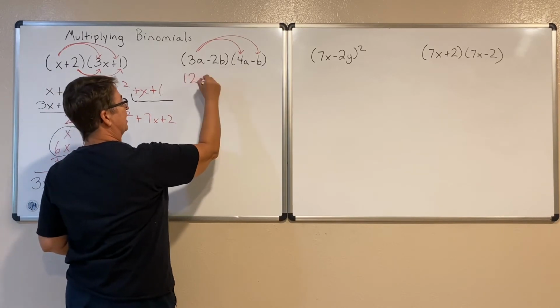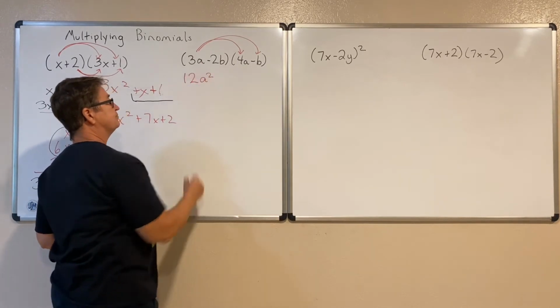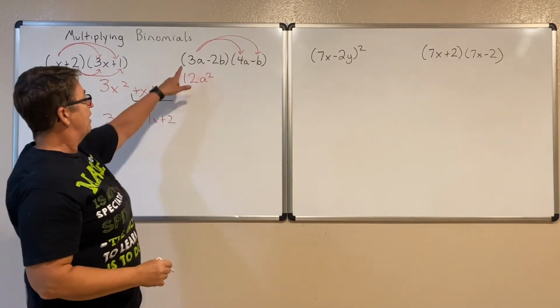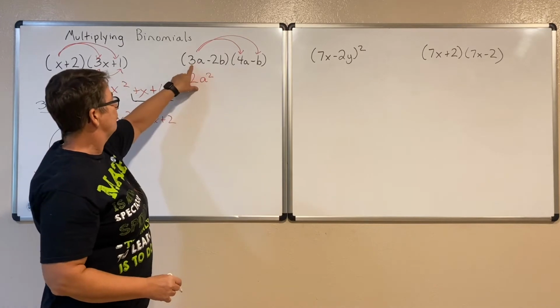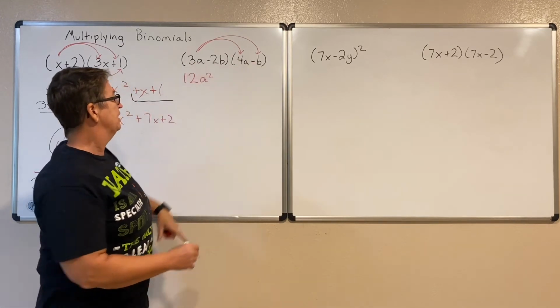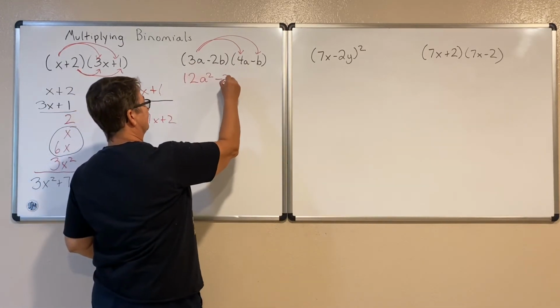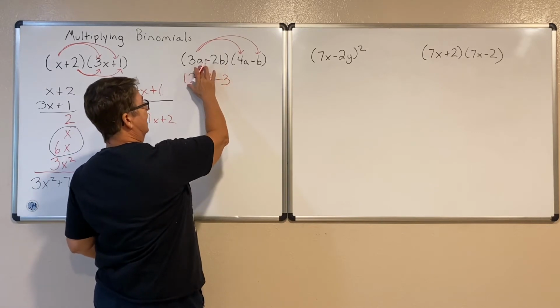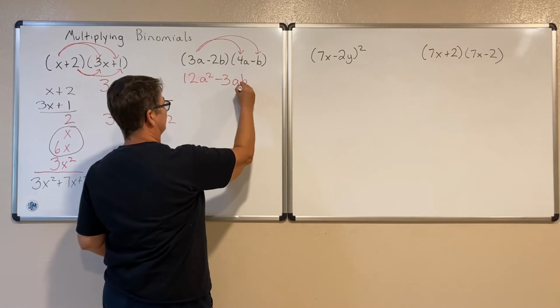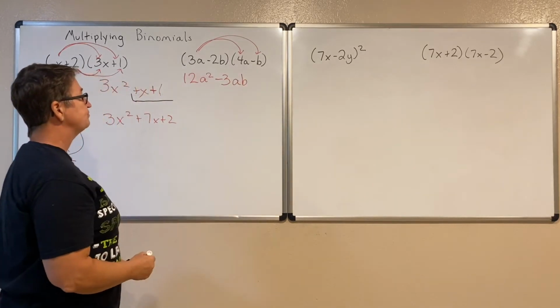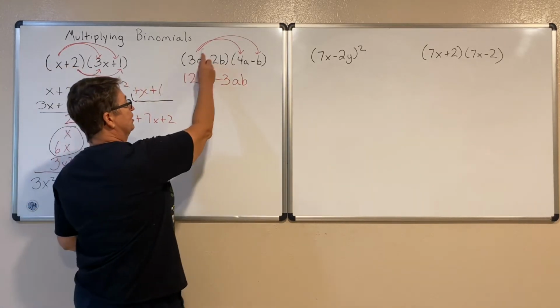So a times a is a squared. Now I'm going to multiply the 3a times the negative b. Well, 3 times negative 1 gives me a negative 3. The a and the b, I'm just multiplying times the a and multiplying times that b. I've now distributed the 3.